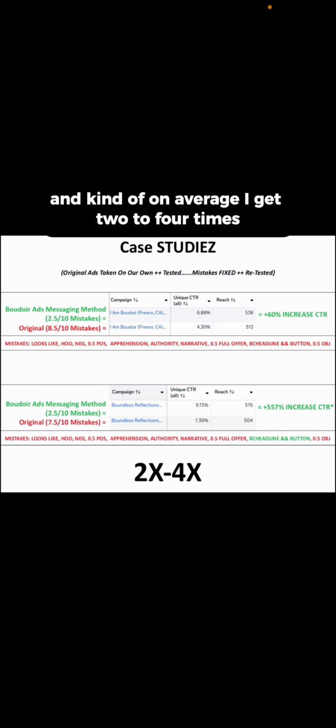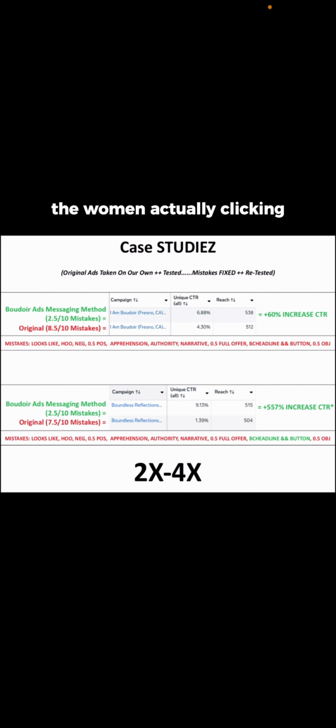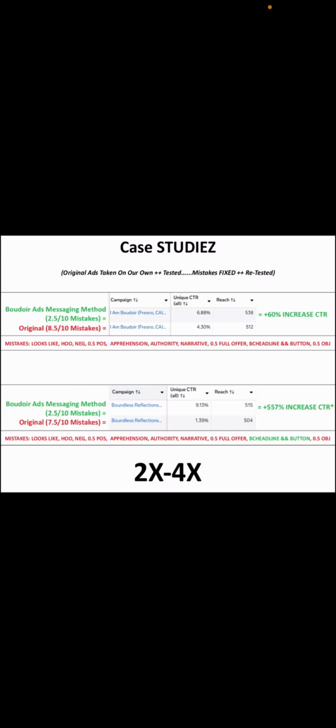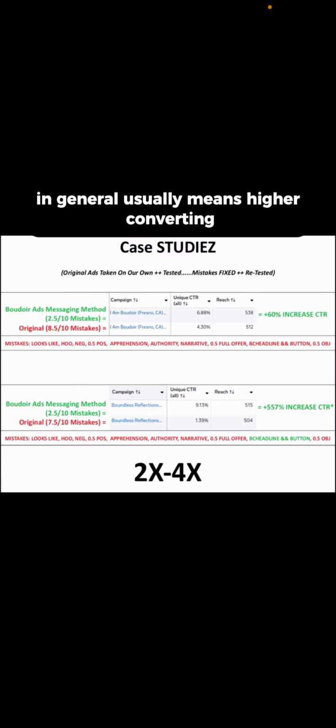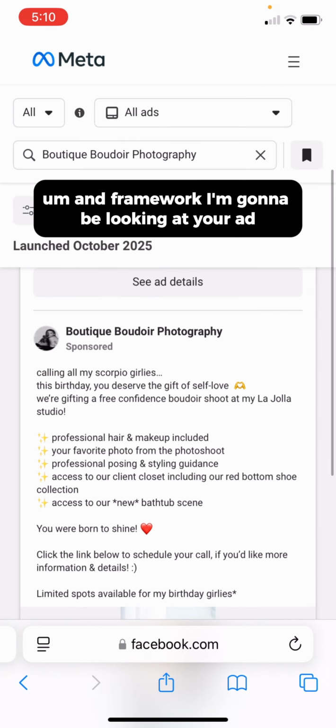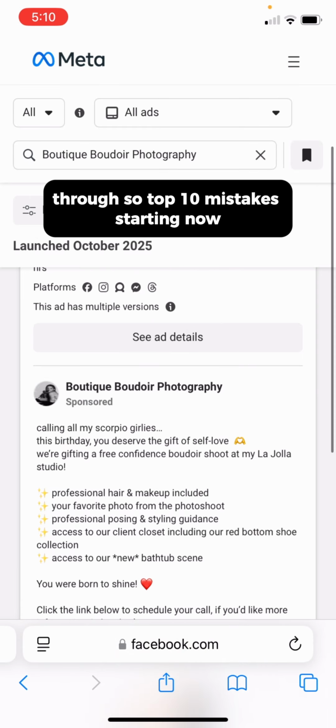On average, I get 2 to 4 times the women actually clicking, consuming our ad, considering our offer. And these women are more specific. So we get a higher volume of more specific women, and more specific usually means higher converting because they feel we're more for them, for their specific situation. So it's kind of a framework for when you're looking at your ad.